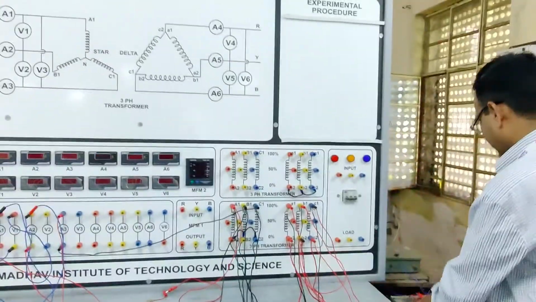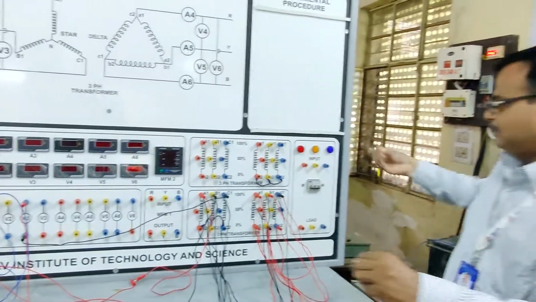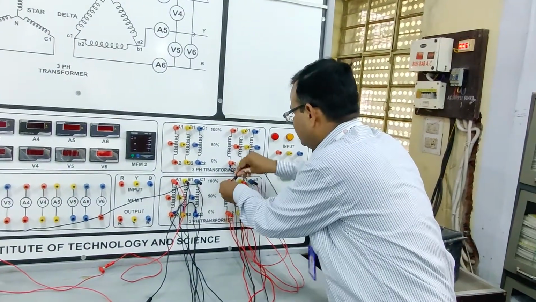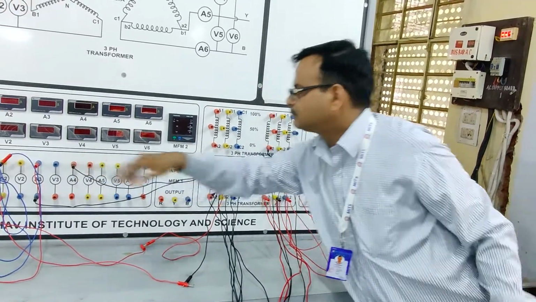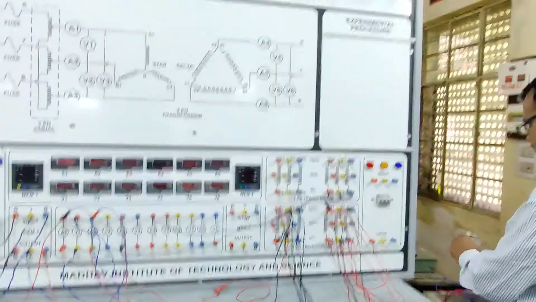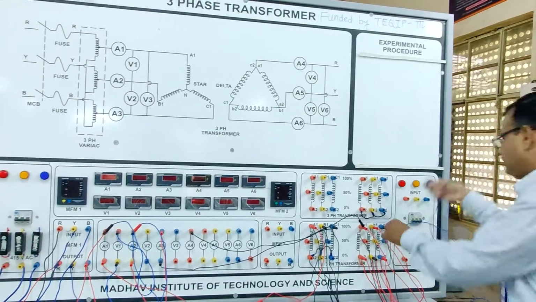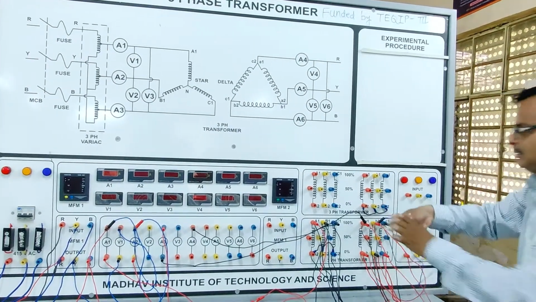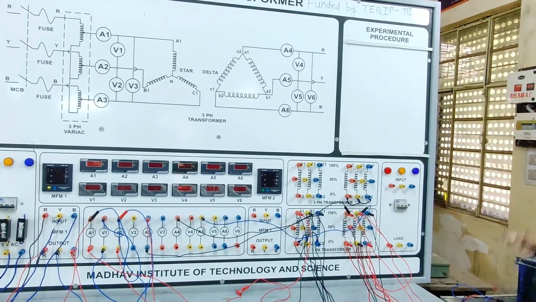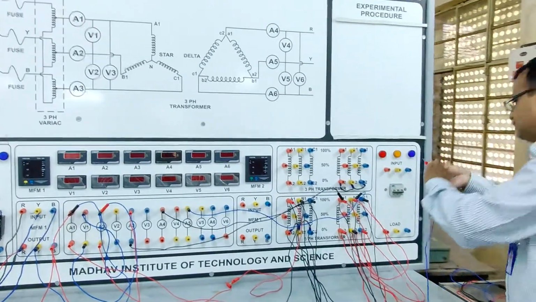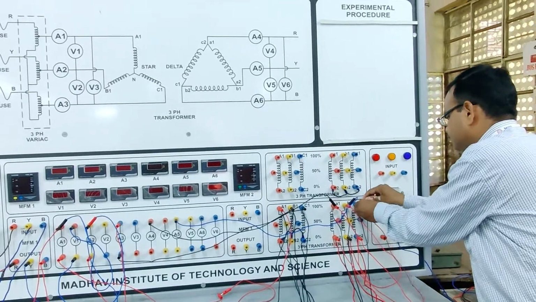So we make the connections here: A2 to A4 terminal, B1 to A5 ammeter, and C1 to A6.